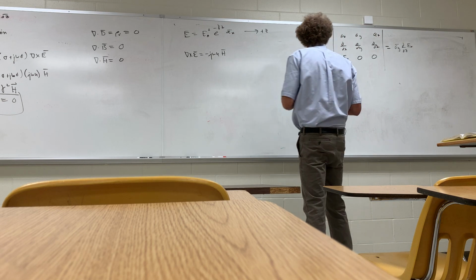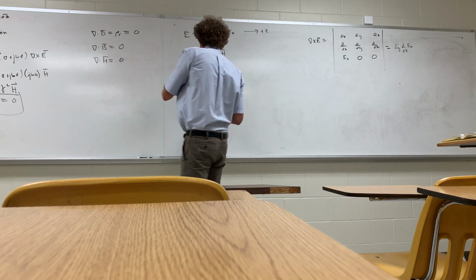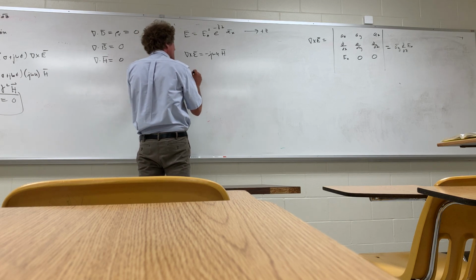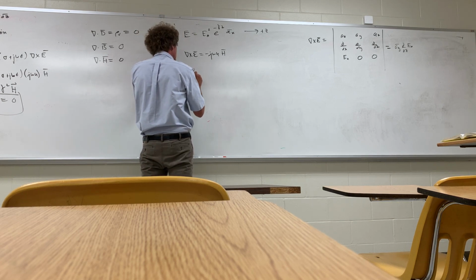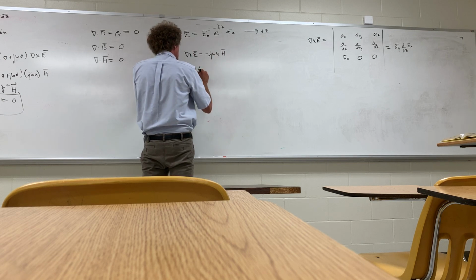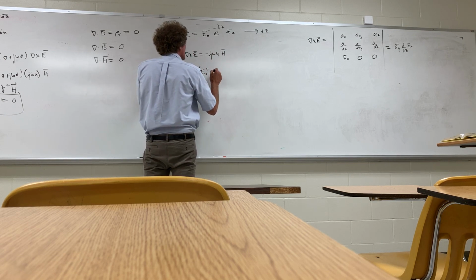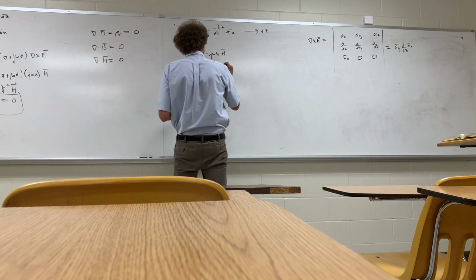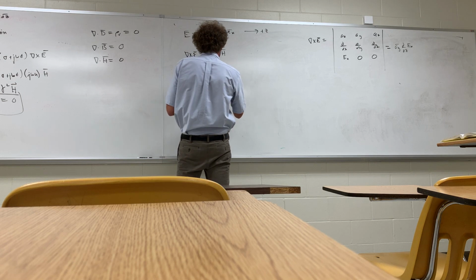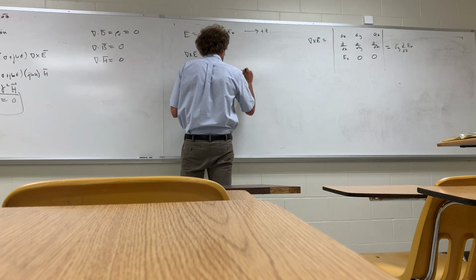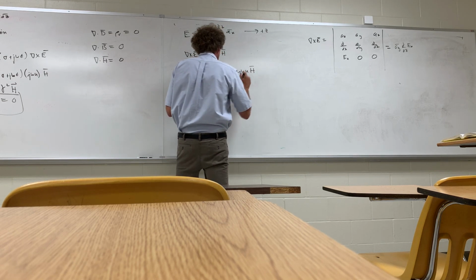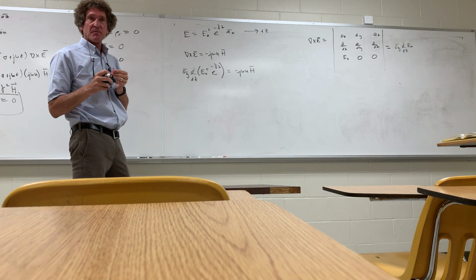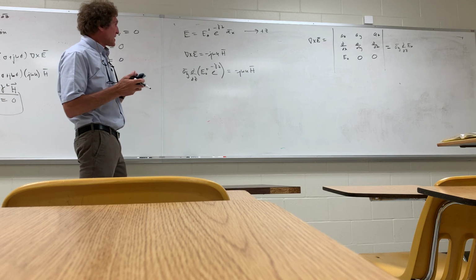Now, we come over here, and I'm going to say curl of E is really a_y, and it's d/dz of that quantity, E naught plus times e to the minus gamma z. And that's equal to minus j omega mu H. Now just take a look at this for a second. I'm showing you how to get the H field directly from here.